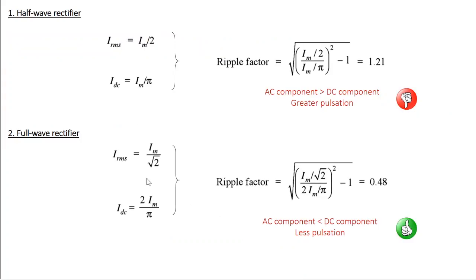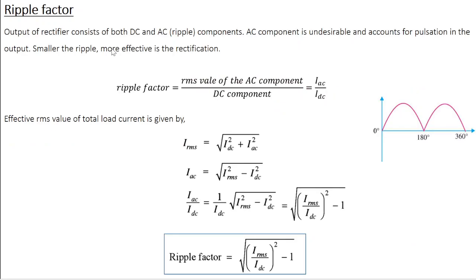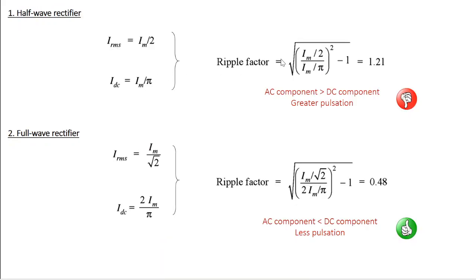So now we know that for a half wave rectifier, I RMS equal to Im by 2, where Im is the maximum current, and IDC equal to Im divided by pi. Now substitute in this equation, you get ripple factor as square root of Im by 2 divided by Im by pi whole square minus 1, which is equal to 1.21.